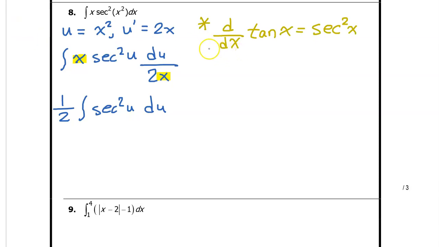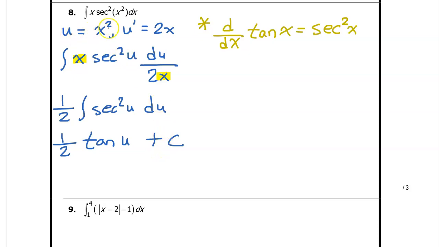We can use this derivative rule that we memorized first semester in order to integrate. Since the derivative of tangent is secant squared, that means the integral of secant squared is tangent. So we now have 1/2 tangent u, and we have to put a plus c. Don't forget your constant of integration, very important.